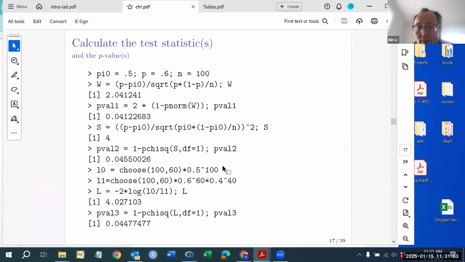Okay, these are the sample code for you to find out the test statistic in R. I think I can just skip these because it's quite straightforward.